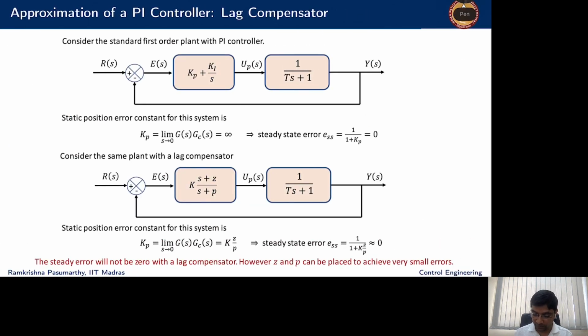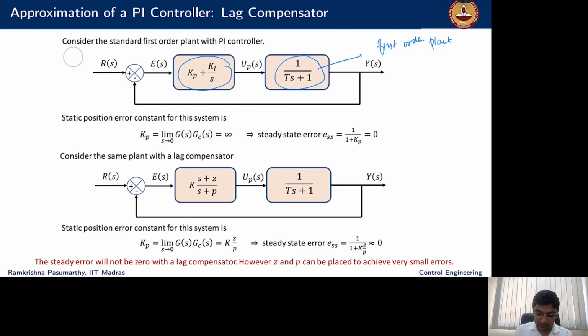What I know is, with a PI controller, the steady state error is zero. So I have a type 0 system, a first order plant, and adding an integrator makes it a type 1 system.